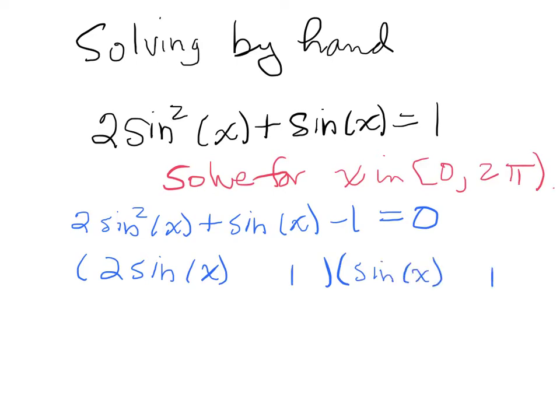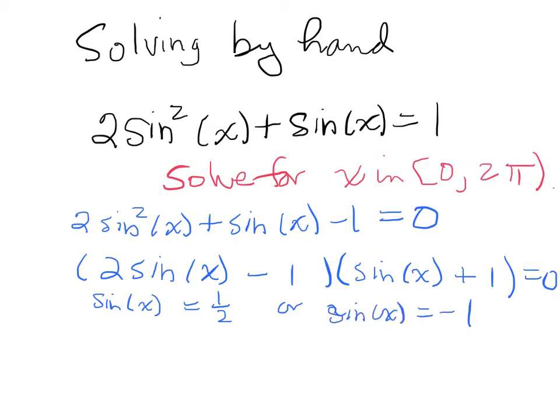There's going to be a 1 there, a 1 there, and which is positive and which is negative. Can you figure it out? Okay, so what this means is sine of x is equal to a half, or sine of x is equal to minus 1.